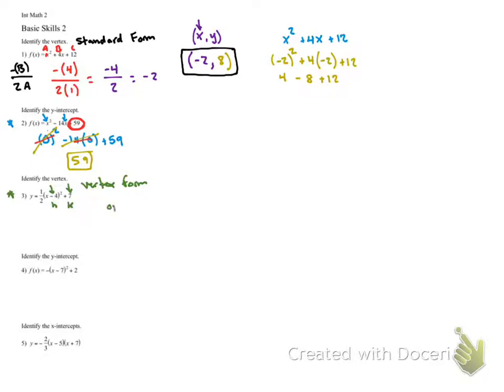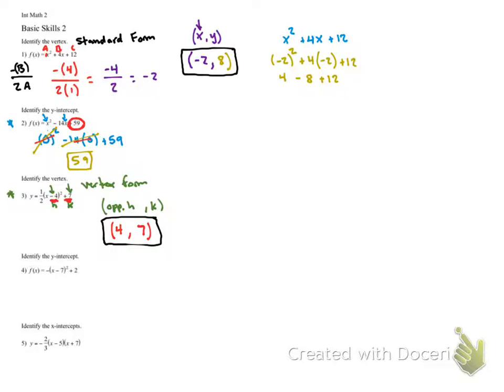Our vertex is opposite of h, comma, k. So if you look at h here, it's negative 4. We want the opposite of that, which is positive 4. And then k, which is out here, that's 7. We don't take the opposite of that. That stays the same. It's 4, comma, 7. Right, so opposite of h, comma, k.